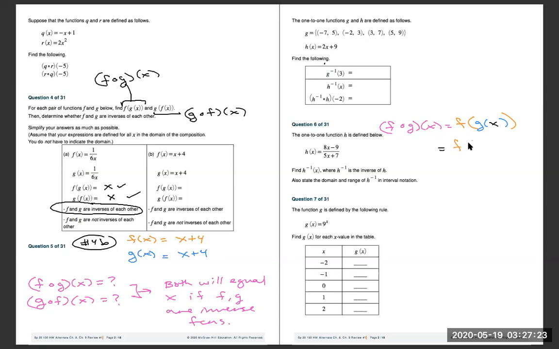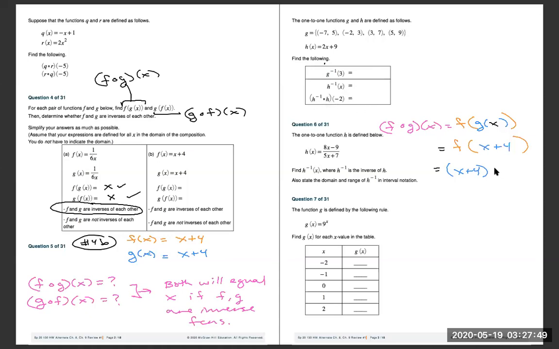That's f of, you have x plus 4 as the function g of x. And then function f is x plus 4. But remember, your x will be replaced by x plus 4, the quantity from g of x.